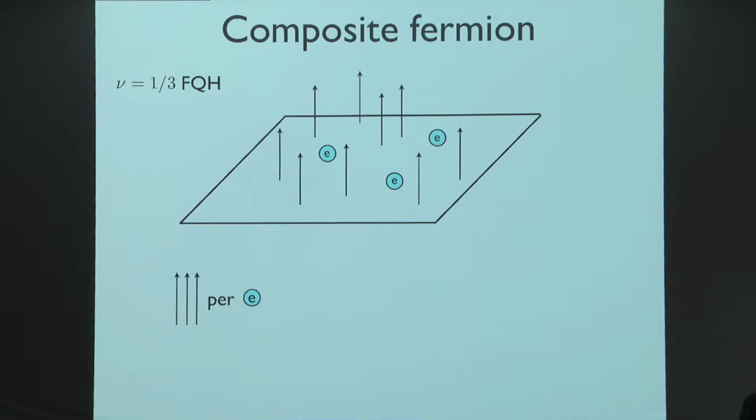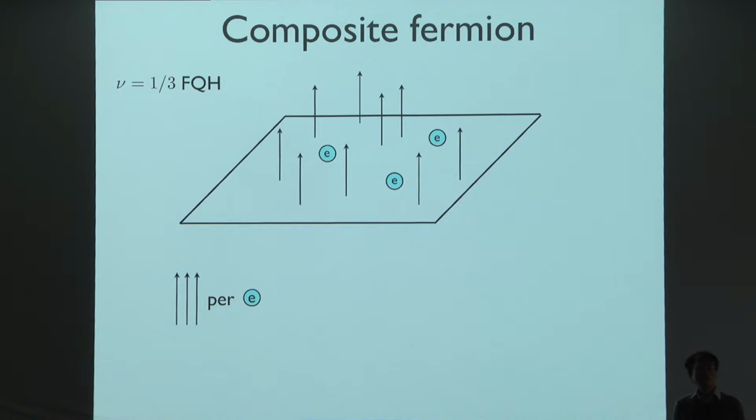So let us understand how the notion of the composite fermion can explain some phenomenology of the fractional quantum Hall effect. In particular, let us think about the nu equal 1/3 state. Here I represent the magnetic field threading through the system by a discrete number of arrows.